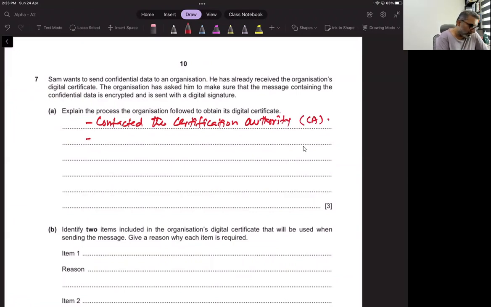All right. They would have provided their IDs, provided the company's whereabouts.